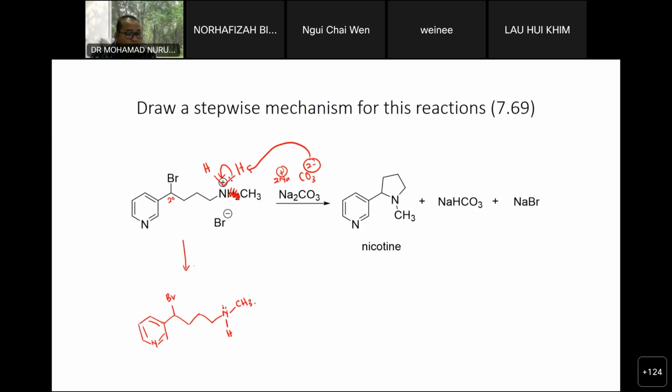This is an intramolecular cyclization reaction. This is a pair of electrons, so they will actually attack at the back, and give back a pair of electrons here to bromine. So there will be a second structure.